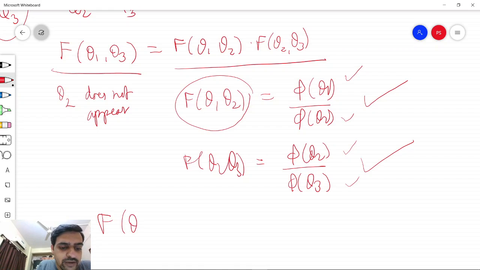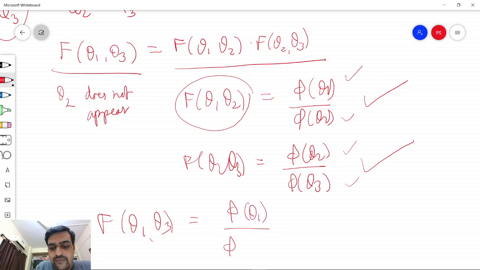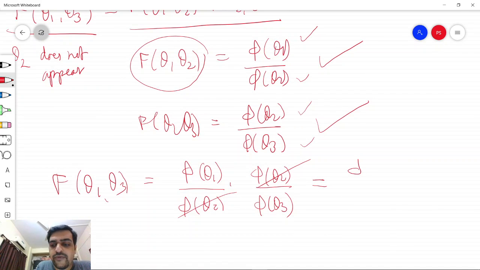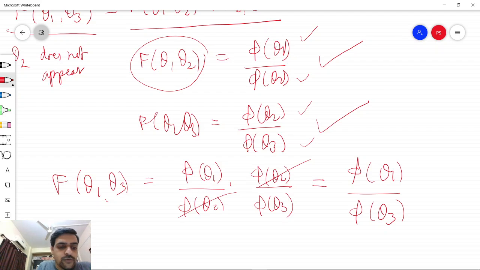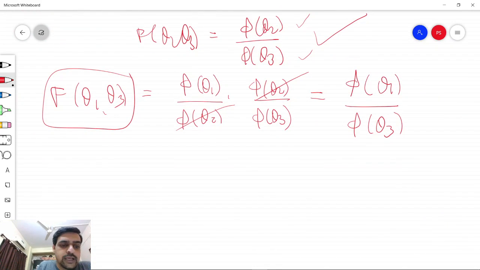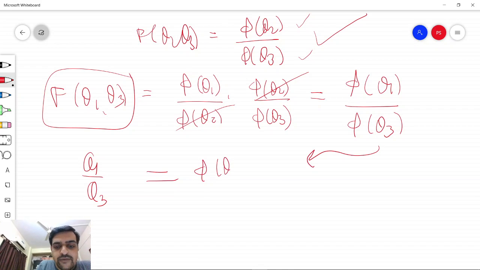So F of theta 1 comma theta 3 is equal to phi of theta 1 by phi of theta 2 into phi of theta 2 by phi of theta 3. Now we see that the phi theta 2 dependence disappears and we get phi of theta 1 by phi of theta 3. Now this F of theta 1 theta 3 is nothing but Q1 by Q3, which is equal to phi of theta 1 upon phi of theta 3.